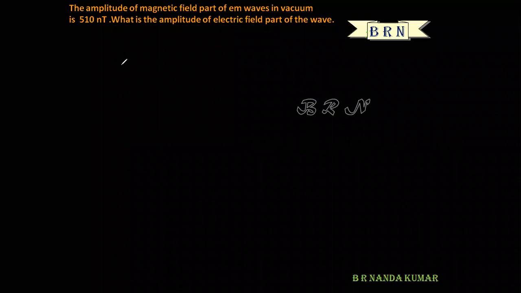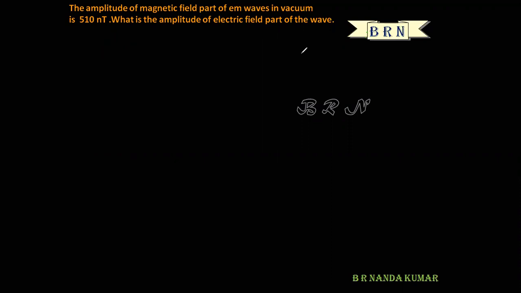Now let us discuss a very simple numerical. The amplitude of the magnetic field part of an electromagnetic wave in vacuum is 510 nanotesla. What is the amplitude of the electric field part of the wave?